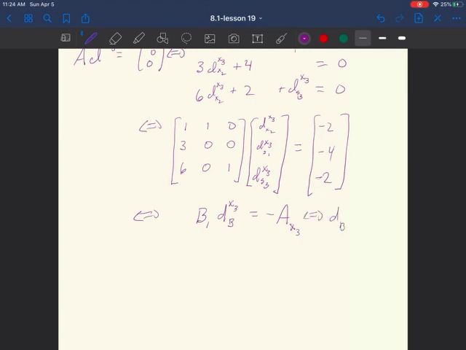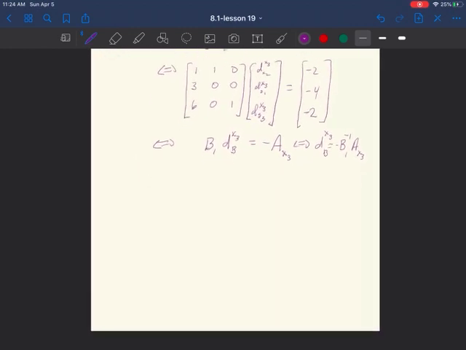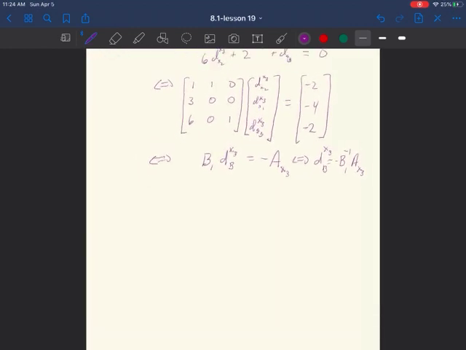Which is the same thing as saying that dB x3 equals minus B1 inverse AX3. I keep on forgetting to say minus, so let's make that really clear.